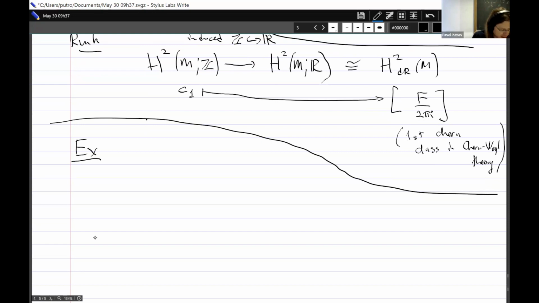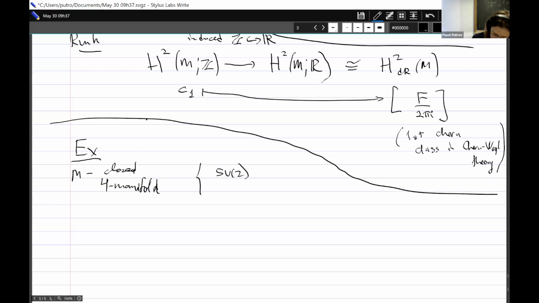And let me consider a different but somewhat similar example. So now assume that M is not just an arbitrary dimensional manifold, but a closed four manifold. And we can ask the same question, but instead of U1, we consider SU2 gauge theory.